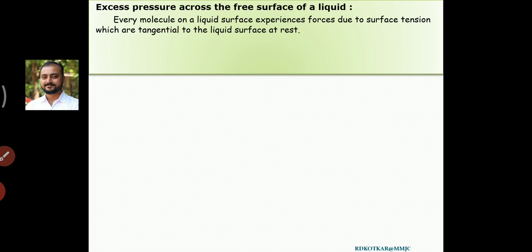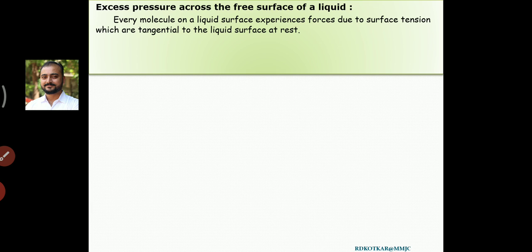Next is excess pressure across the free surface of a liquid. Every molecule on a liquid surface experiences forces due to surface tension which are tangential to the liquid surface at rest.